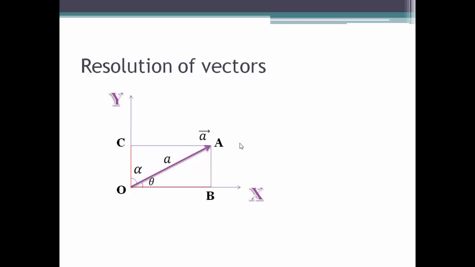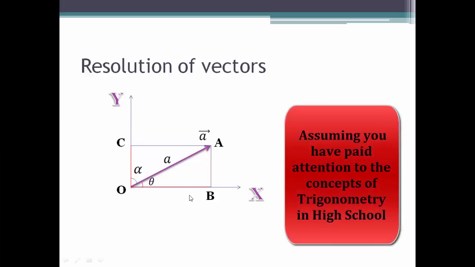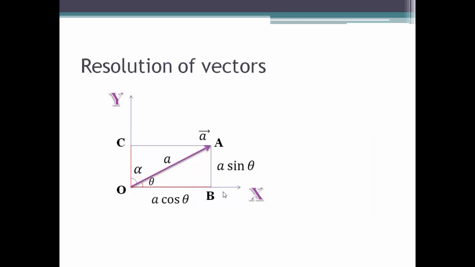Let A be the length of vector A bar. Hence, in right angle triangle OAB, the value of OB will be A cos theta and the value of AB will be A sin theta. Similarly, in triangle OCA, the value of OC will be A cos alpha and the value of CA will be A sin alpha.